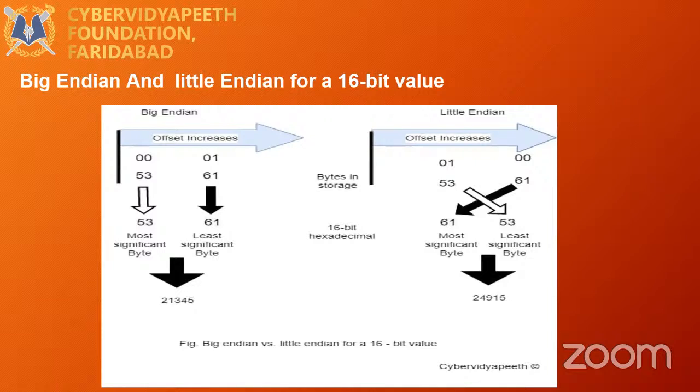If you want to understand endianness, little endian is just writing the number in reverse, and big endian is writing it how it should be. Simple to understand.